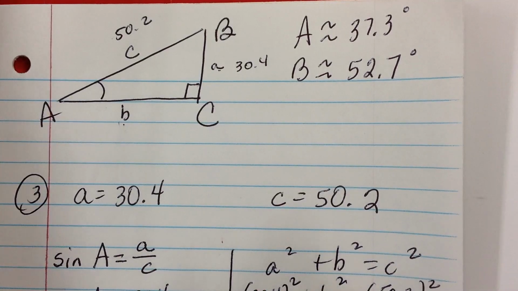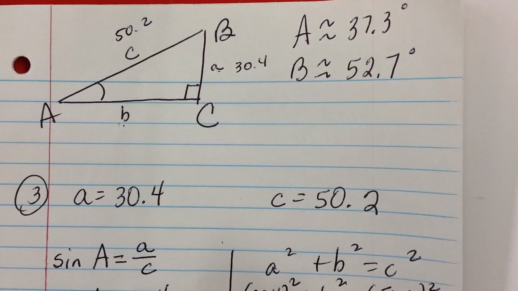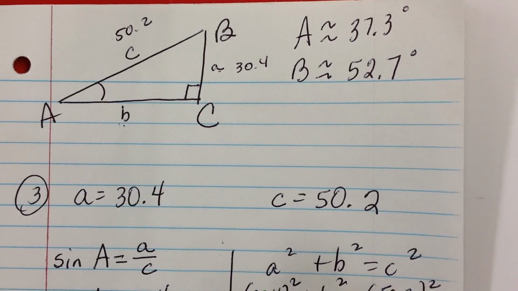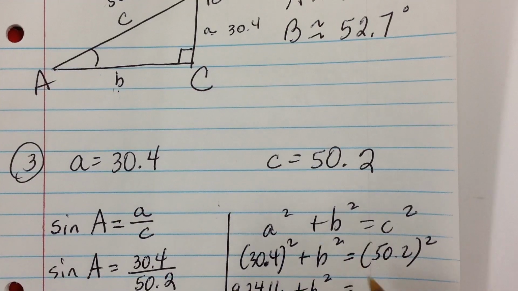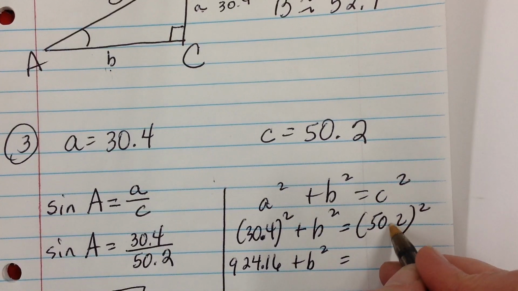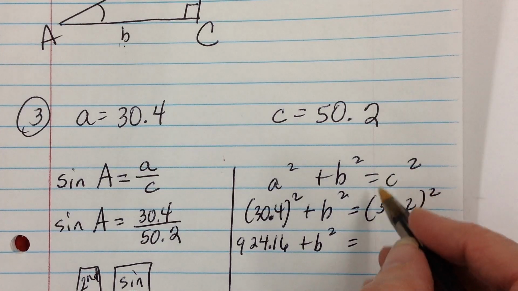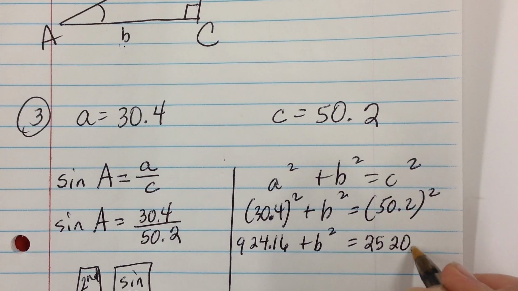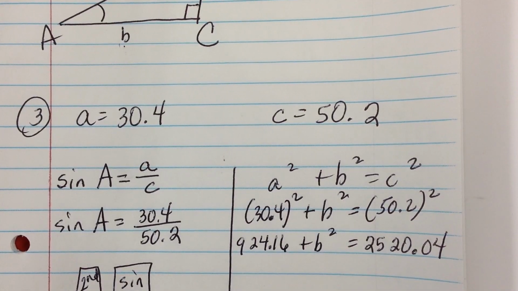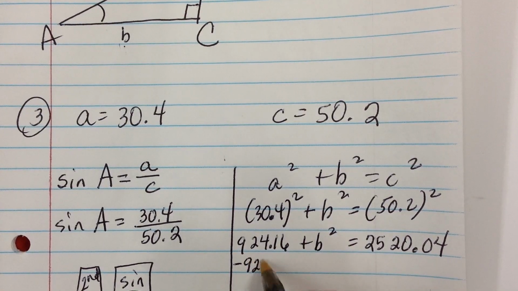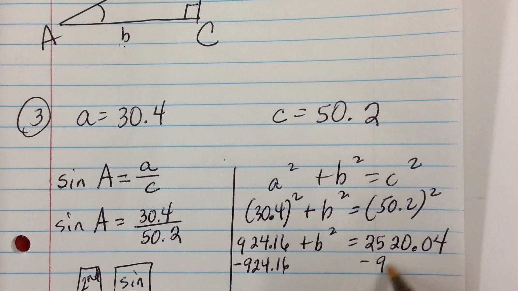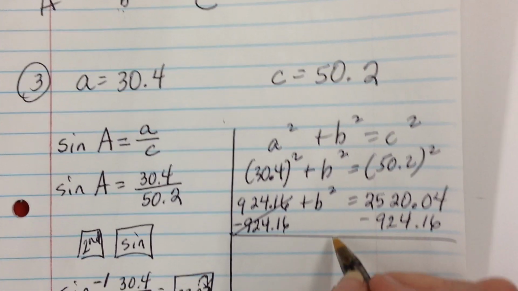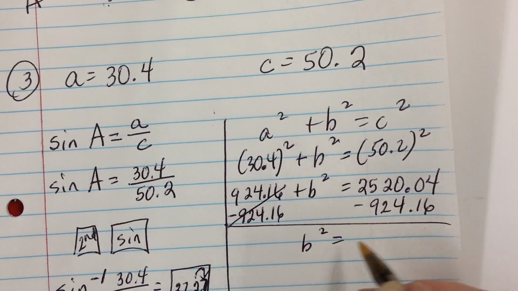So 30.4 times 30.4, if you multiply that on your calculator, you get 924.16 plus b squared is equal to 50.2 times 50.2. I get 2520.04. Subtract 924.16 from both sides.